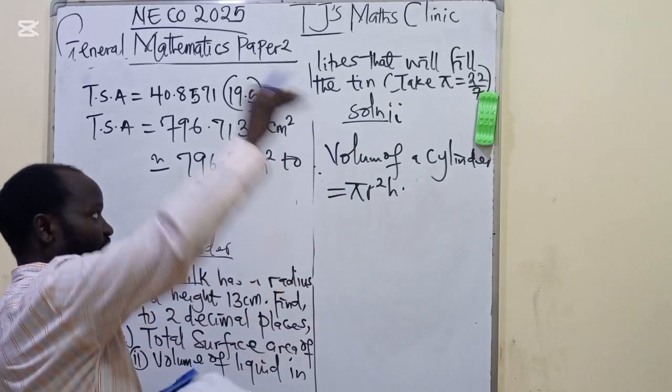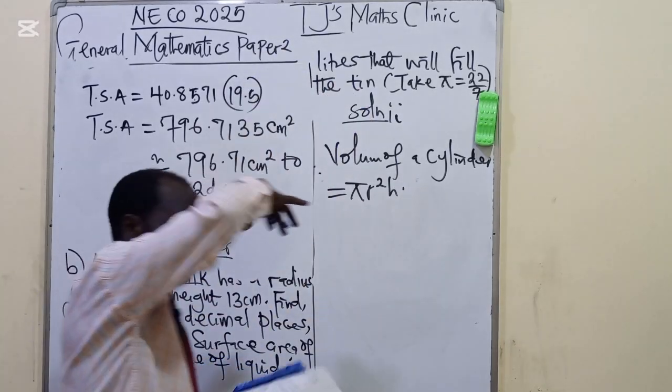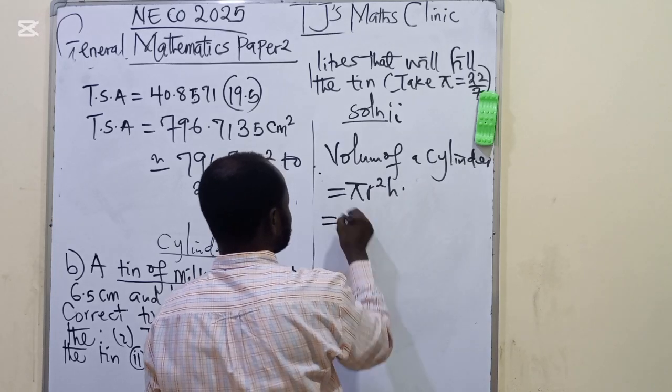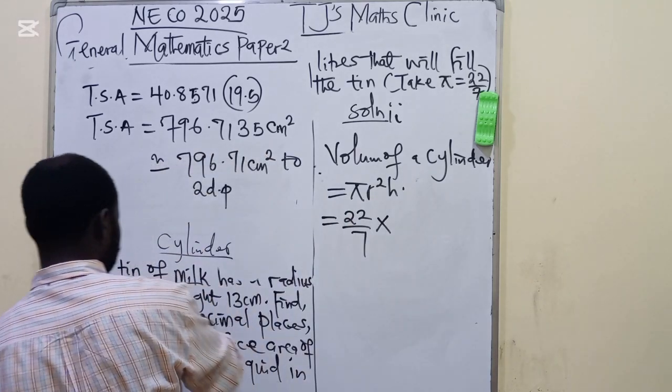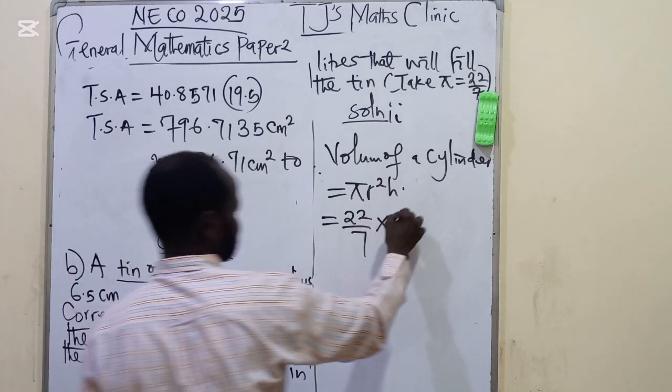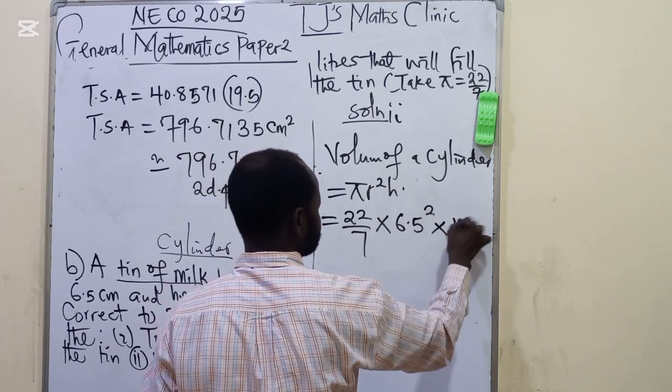Very important: we have to find the volume first before we convert it to liters, and the volume will be in centimeter cubed. So this will be 22 over 7 multiplied by the radius of the tin, which is 6.5 squared, times the height 13.